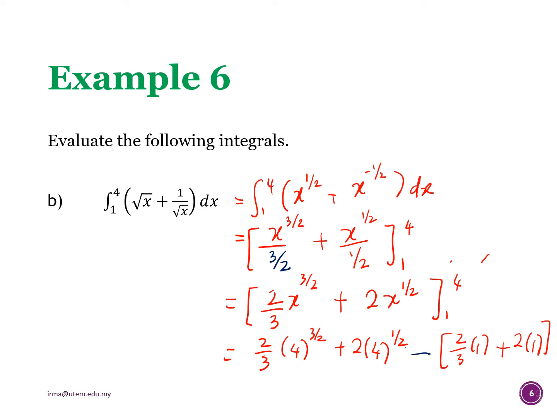You can use your calculator or you can just solve it manually. And you will get the answer 20 over 3, which is approximately 6.667. So for a definite integral, you will get a value. You don't have any function because you have substituted all the functions with the lower and upper limits, right?